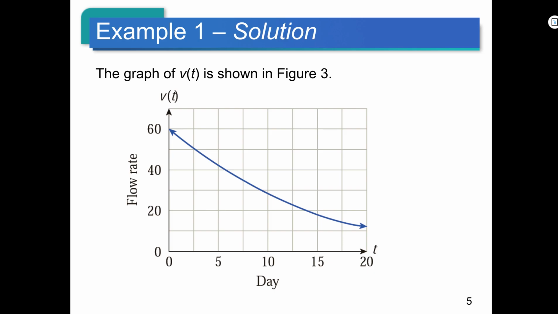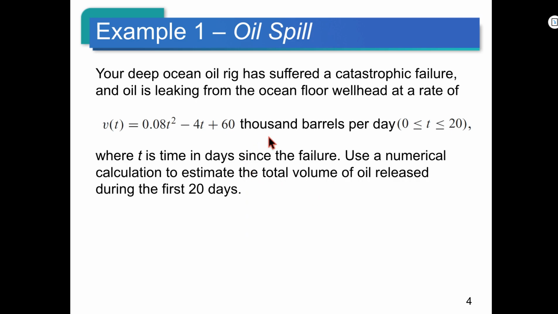Here's the equation they gave us, and since this is the rate, 1,000 barrels per day, remember, whenever you see that word per, that's a rate. So this is a rate that's coming out. If you put in 0 for t, initially it's 60,000 barrels a day. It's got a negative here, so maybe it's going to go down, and when we graph it, it is.